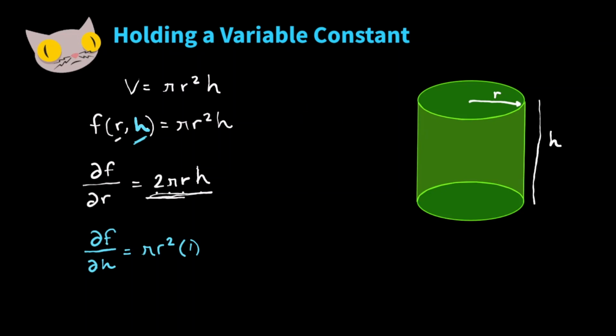So our partial derivative with respect to h is just pi r squared. And this tells us that if the height of the cylinder changes by any amount, the volume of that cylinder will change by pi r squared.